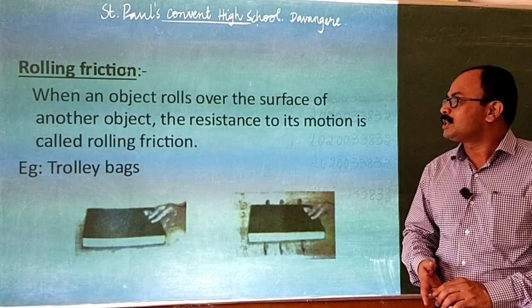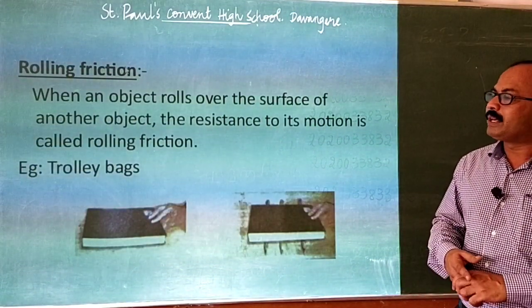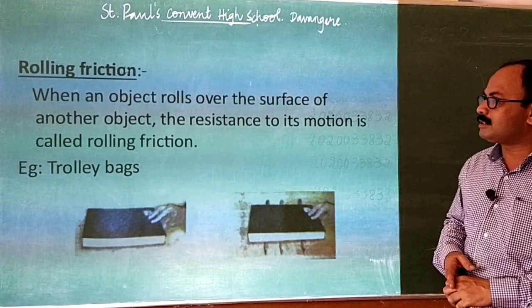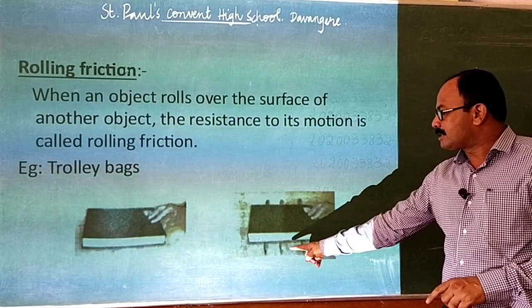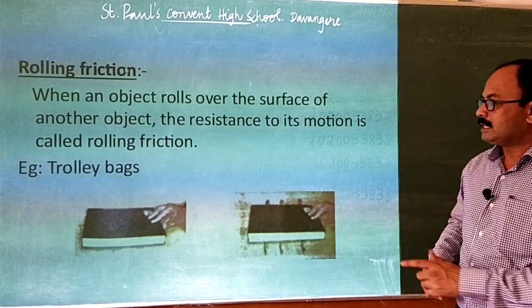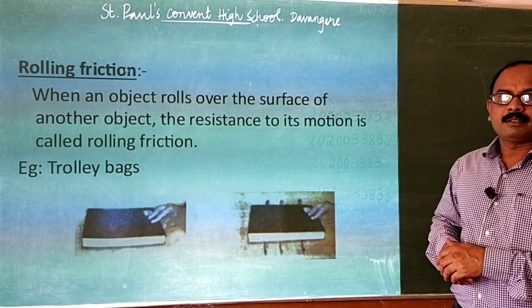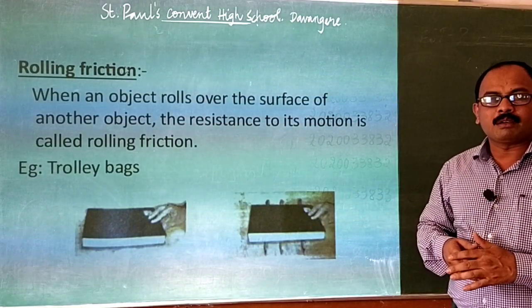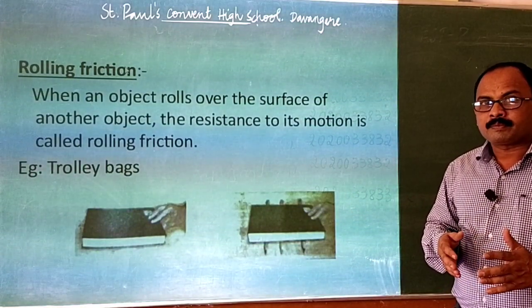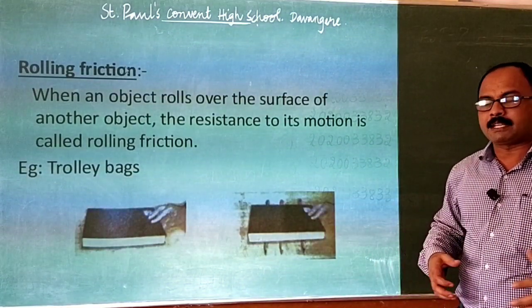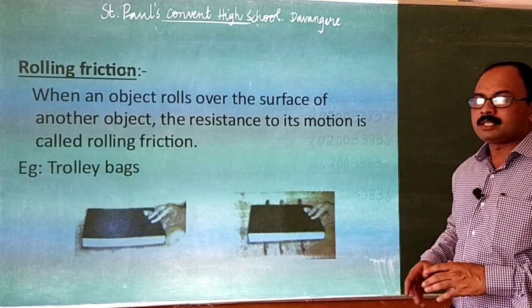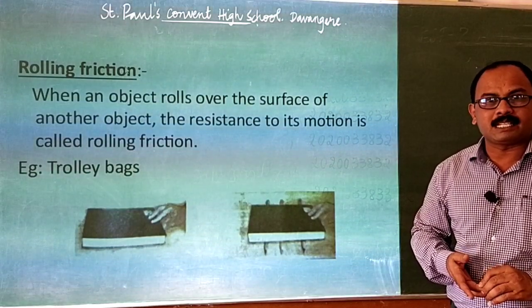The third one, rolling friction. When an object rolls over the surface of another, pencils have been used. If it is a big log, we find it very difficult to move. If pencil-like structures or pipes are given to make this big log move, it becomes easy.